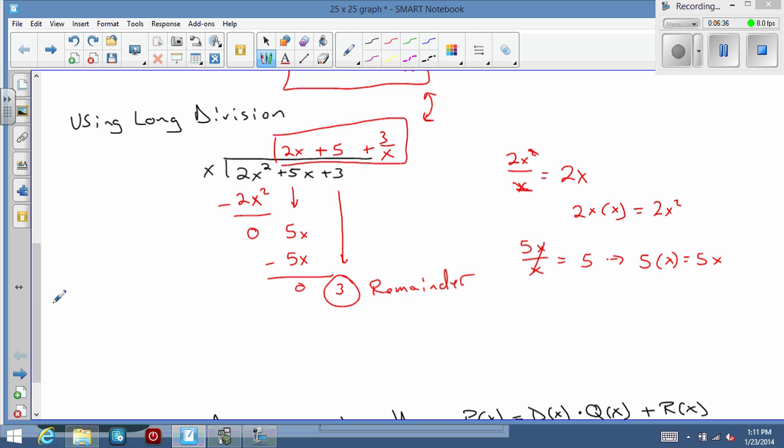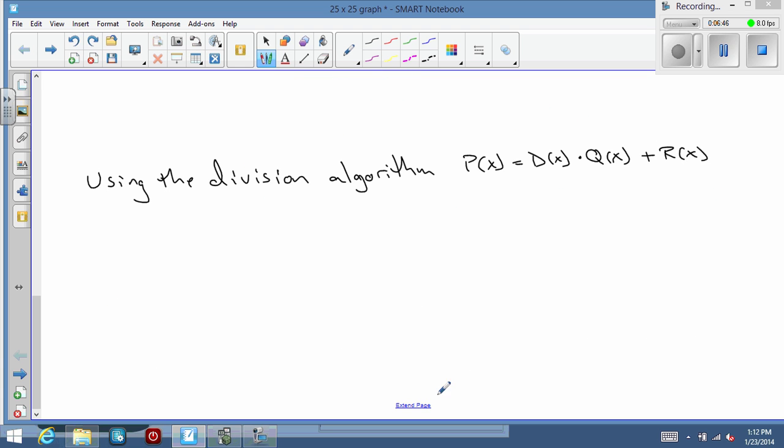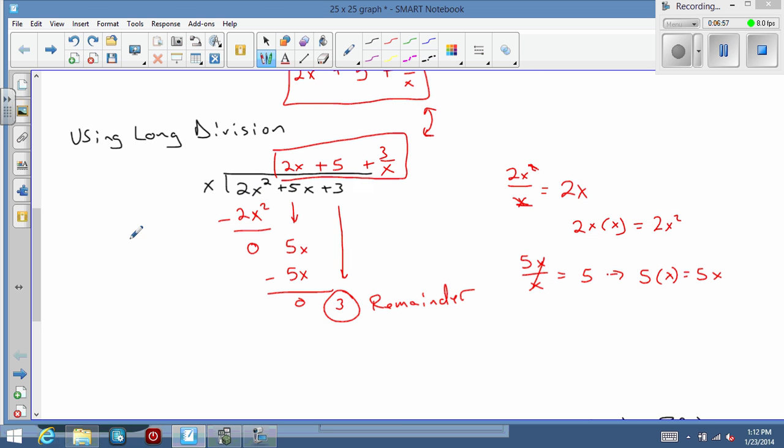Now, the book is going to ask you to use a division algorithm to express your answer. And the division algorithm is going to take p of x and set that equal to d of x times q of x plus r of x. And you're probably asking, what are all those? So p of x is the original polynomial. So p of x is the 2x squared plus 5x plus 3.